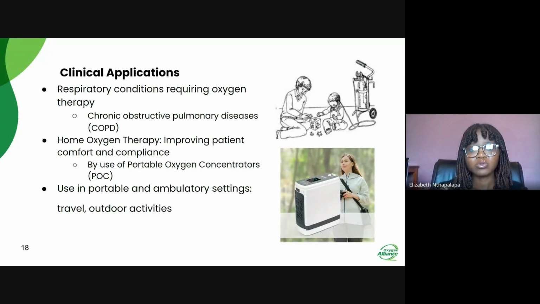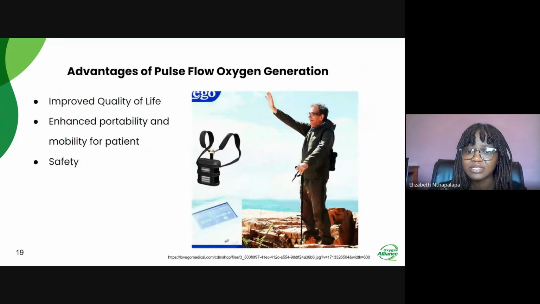Now, let us look at the advantages we are getting from first dose oxygen generation. I will explain something in general about the advantages, as in the following slides, my colleague will also talk about some advantages, but specifically for a portable oxygen concentrator.